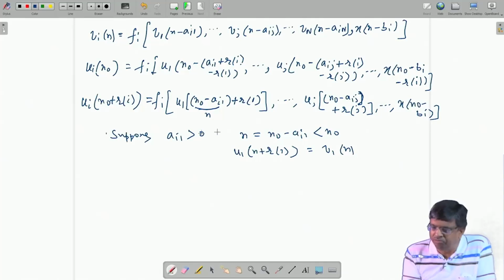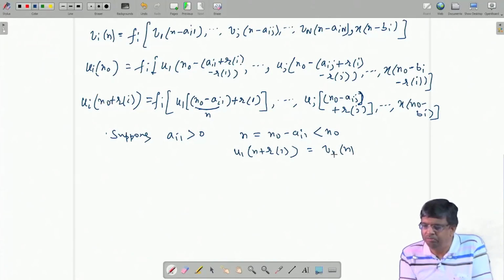But if this is positive, then this whole index n is obviously less than n naught. So, I can use my induction hypothesis. So, u1 index n advanced by r of 1, the retiming value of node 1, by that assumption will be nothing but original v1 at n.